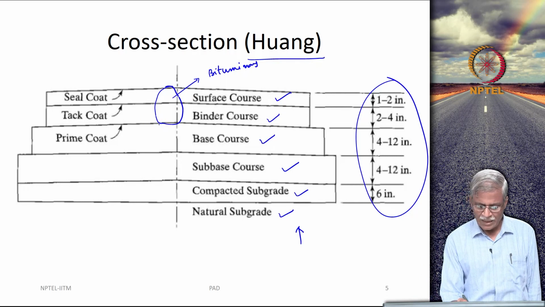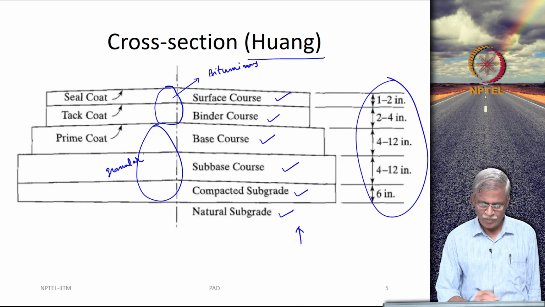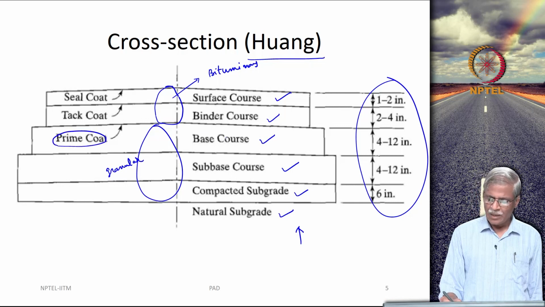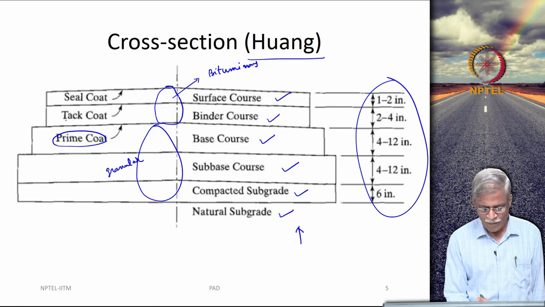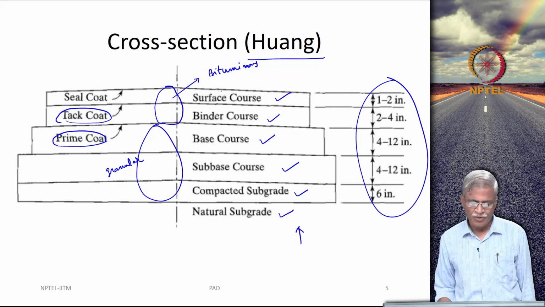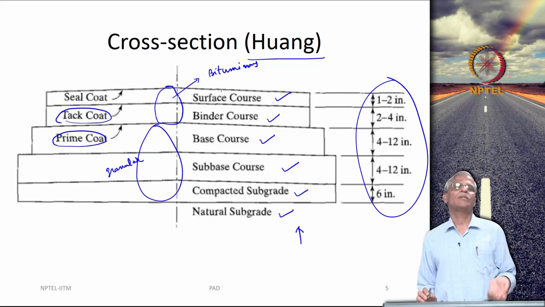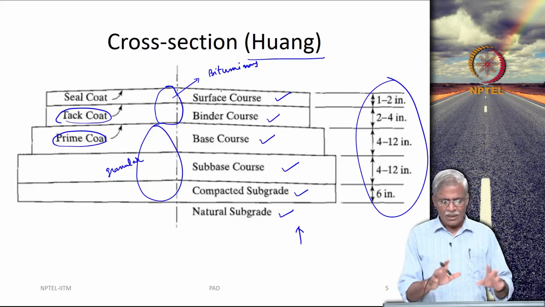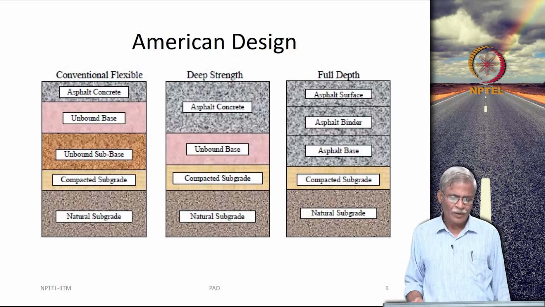Then these three layers are granular material, and then you also have a prime coat between the base course and the binder course, and a tack coat between the binder course and the surface course. It is not necessary that you need to provide a seal coat, but you can see that it is provided here.